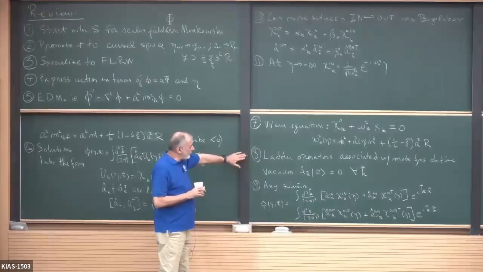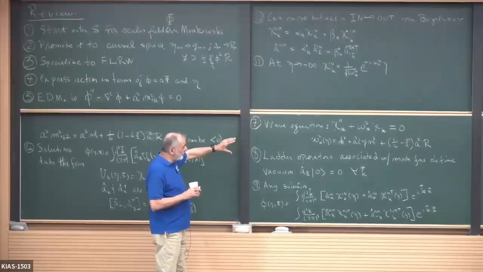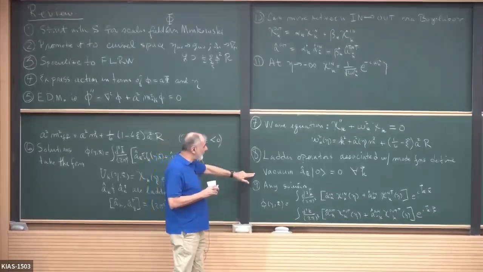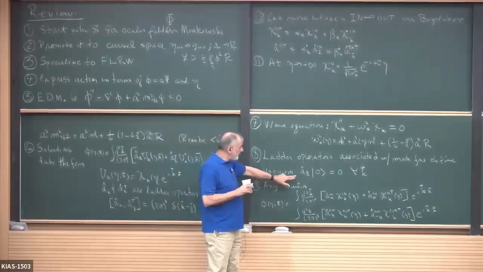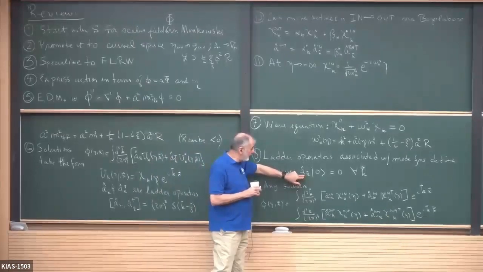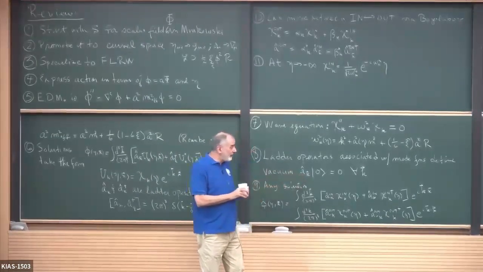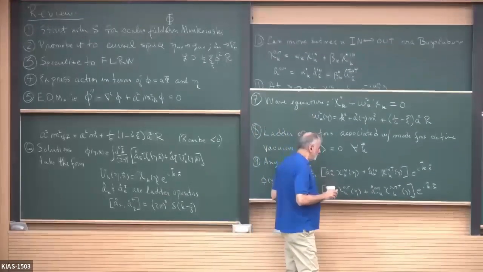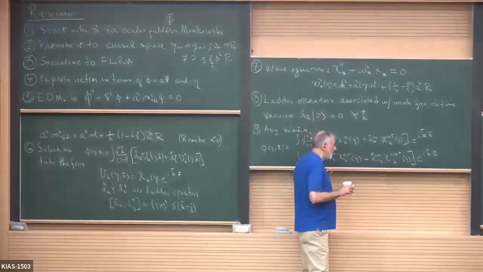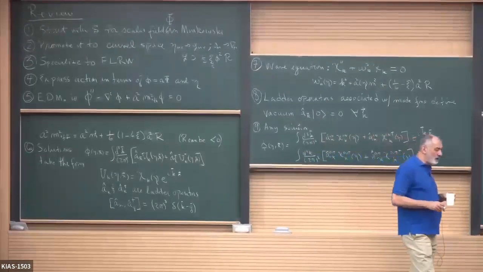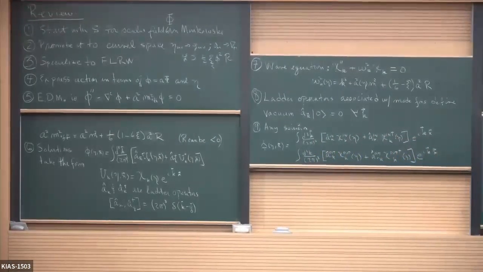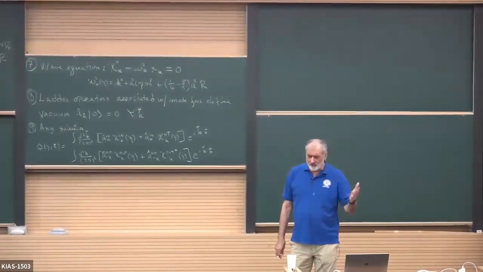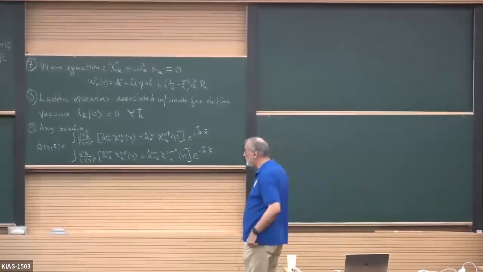The ladder operators associated with the mode functions define a vacuum. And the vacuum is defined to be annihilated by all of the a_k. Now, the choice of the mode functions is arbitrary, as long as it obeys the Wronskian condition and things like that.